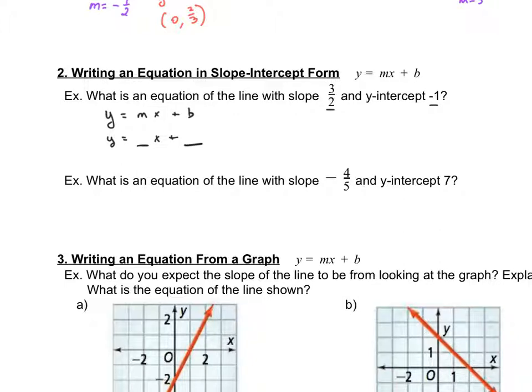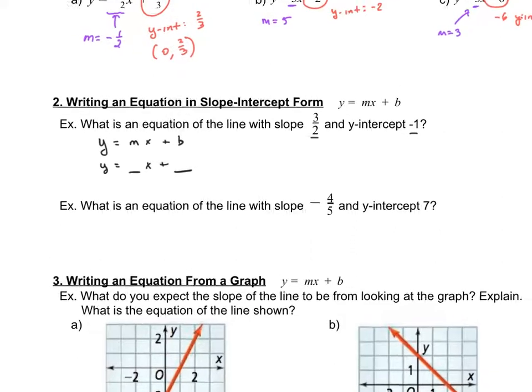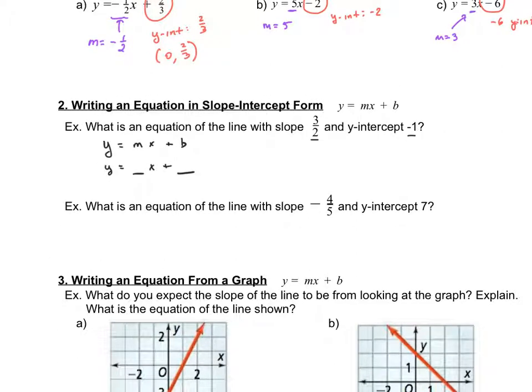So here my slope, they said, is going to be 3/2. So I'm going to replace m with 3/2. And my y-intercept is -1. And when I rewrite that, I should have y = 3/2 x - 1. And that is my new equation of a line.